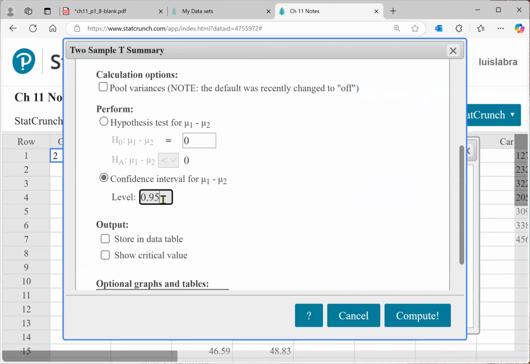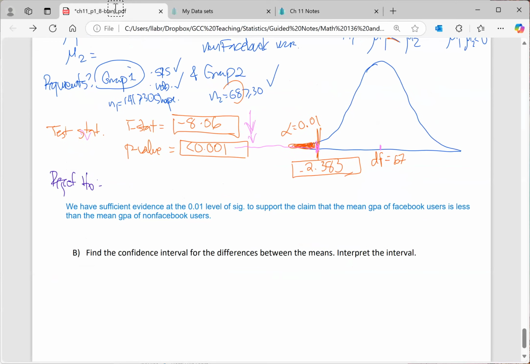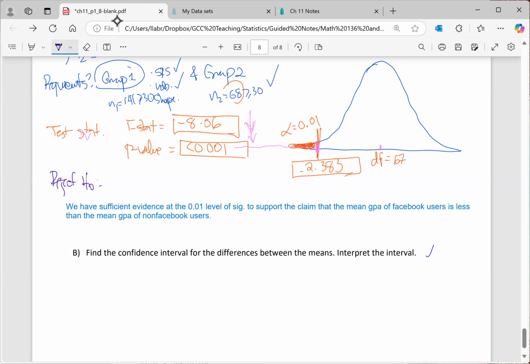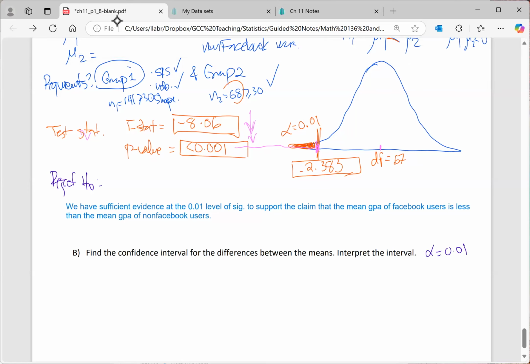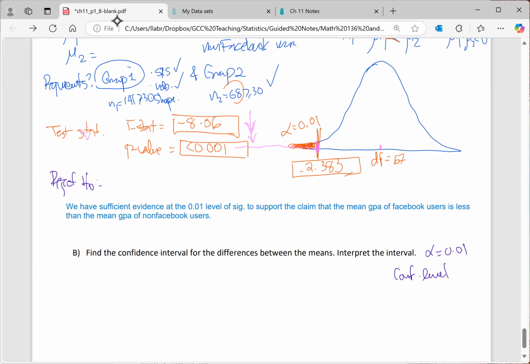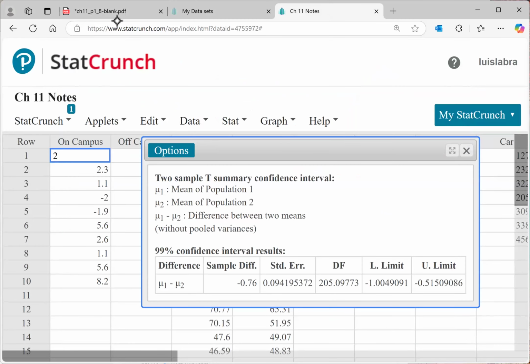Now, careful here with your level, because on my paper, this paper I keep updating. So here my alpha value, my level of significance for part A was 0.01. So that means my confidence level is 1 minus that. So that's 0.99. So I'm going to go ahead and update this to 0.99. And here we have our confidence interval.